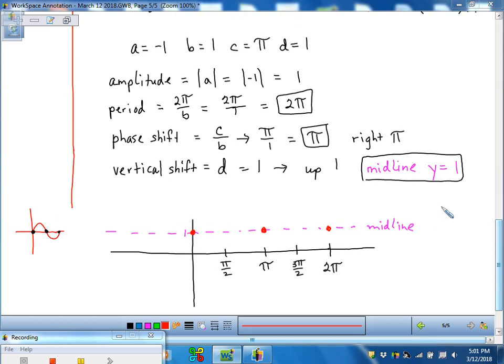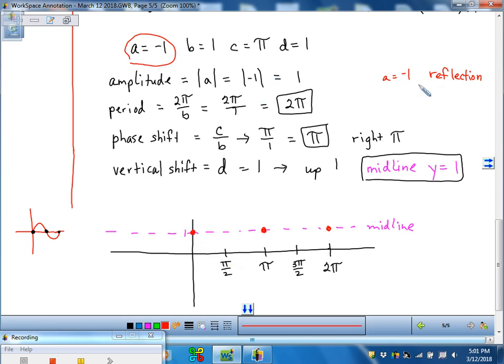Now, go back and remember that our A was equal to -1. Because A was equal to -1, anytime that A is negative, that means that we have a reflection. So instead of going up first on my sine wave, I'm going to go down first.